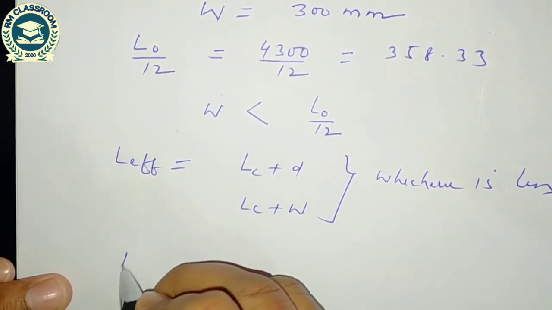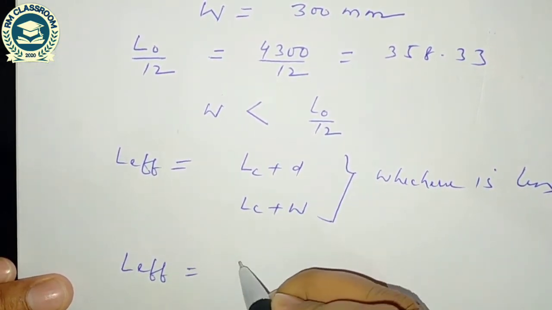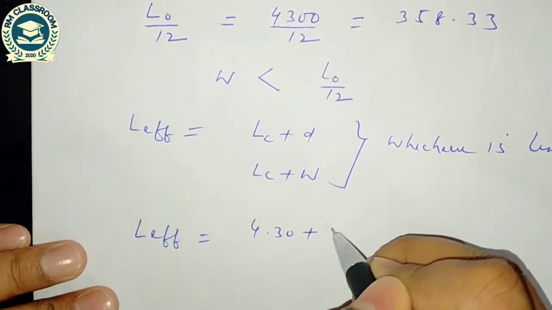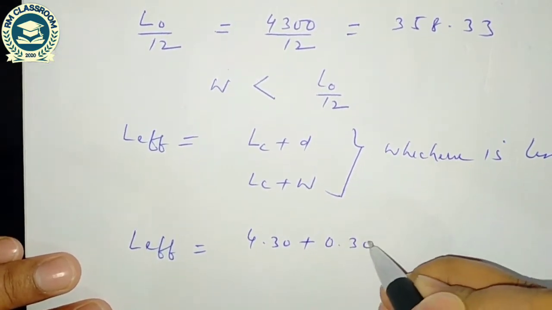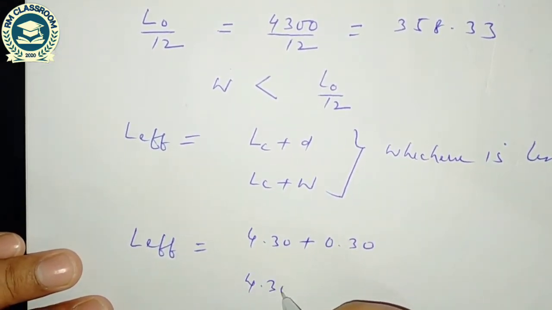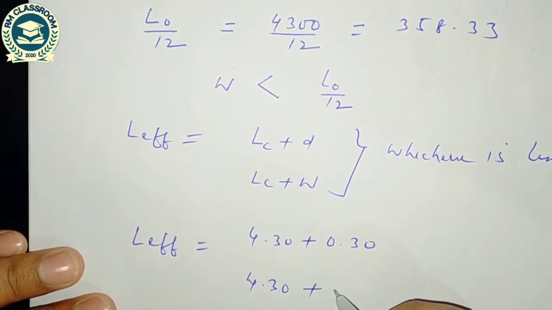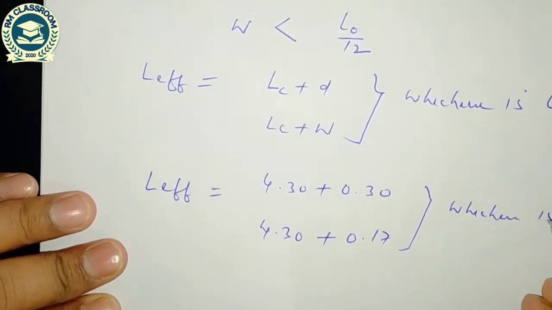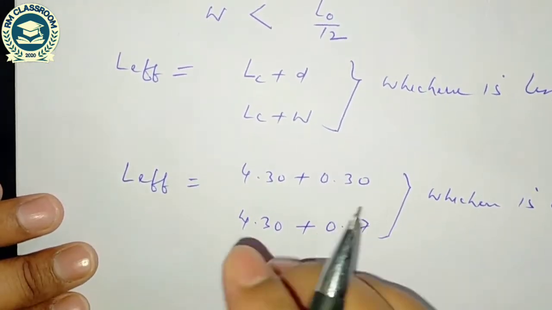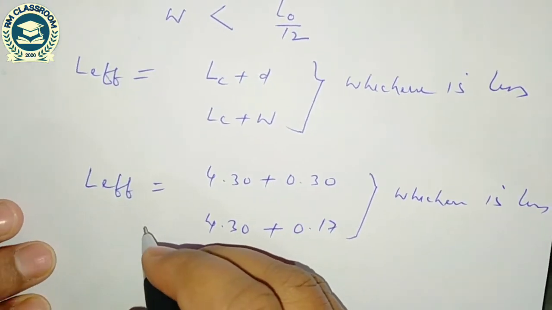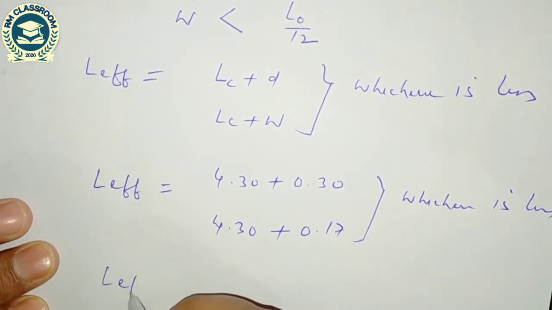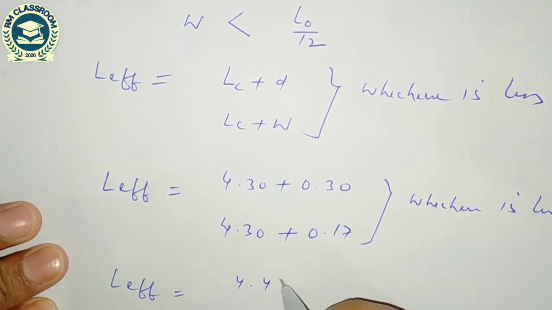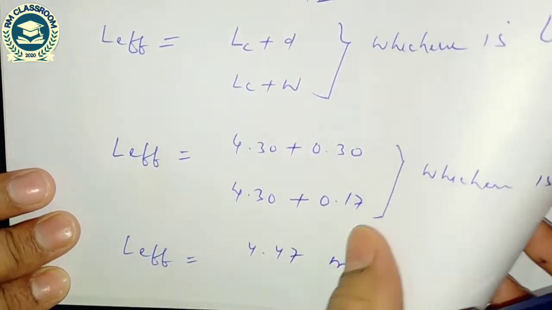So L effective is 4.3 plus 0.3 and 4.3 plus 0.17, whichever is less. So it is coming L effective is 4.47 meters.